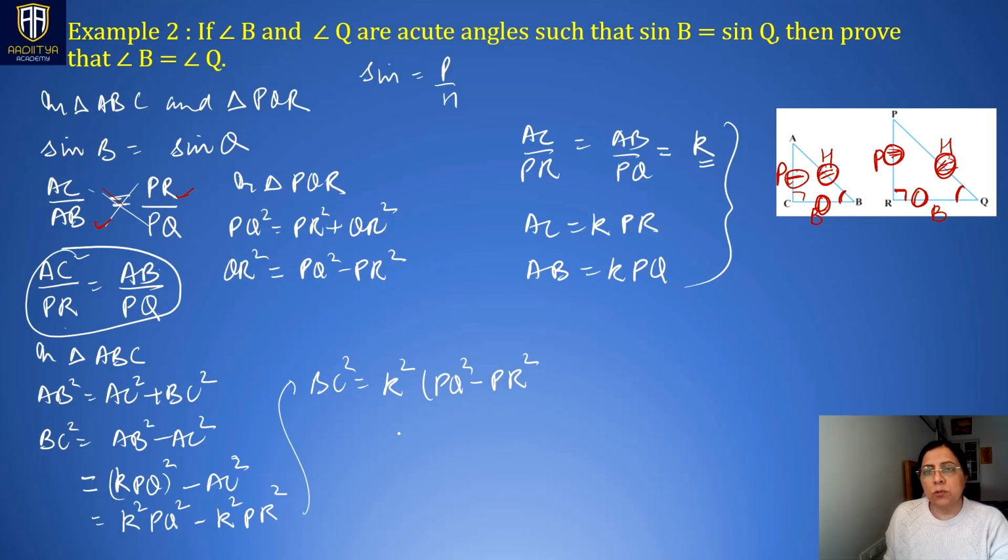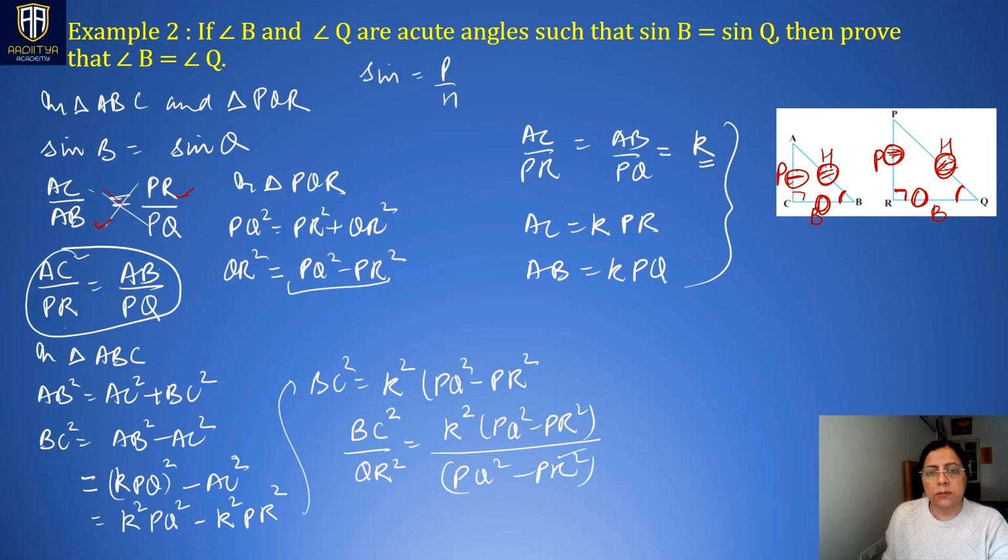So I am taking the ratio of BC and QR. For BC, this is BC square, this is QR square. BC square is K square times PQ square minus PR square, and QR square is PQ square minus PR square.